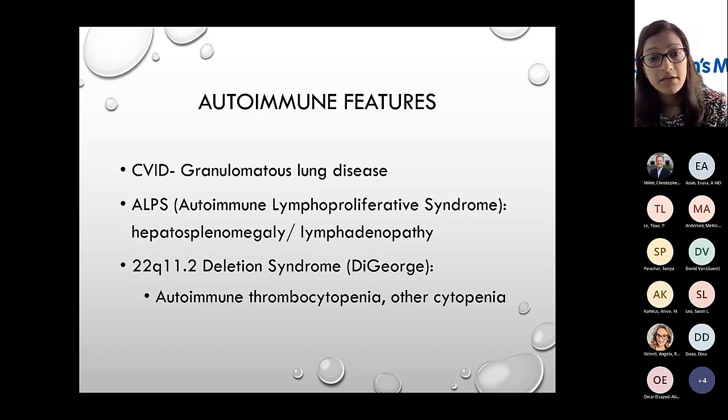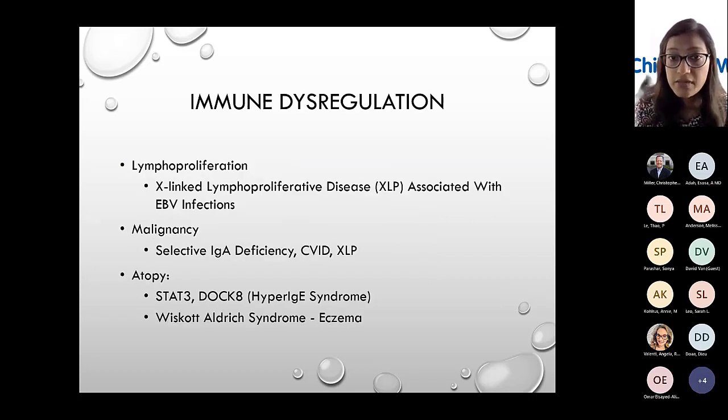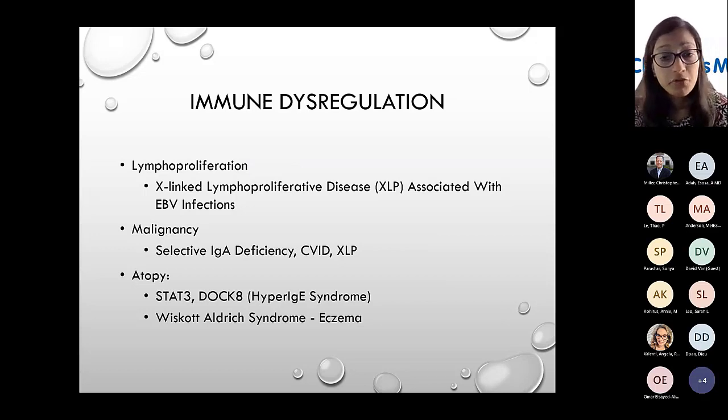Hopefully everyone is trying to use the new nomenclature here. These patients can present with autoimmune thrombocytopenia and other cytopenias as well. Lymphoproliferation can be seen with not only ALPS, but also XLP. Some of those patients can have EBV infection along with that.